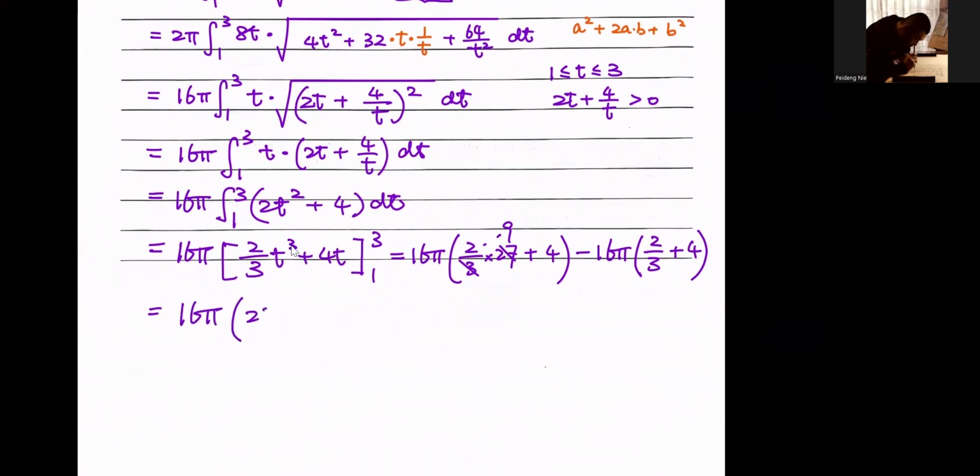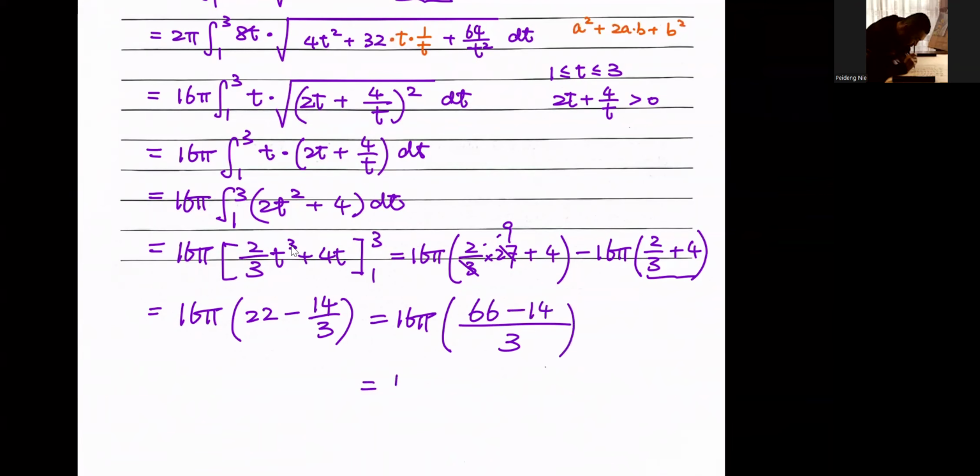16 pi, 22. And then you'll be able to get minus. In this case, you can combine them together. 14 over 3, okay? And that's 16 pi 66 minus 14, okay? 16 pi times 50 divided by 3, okay?